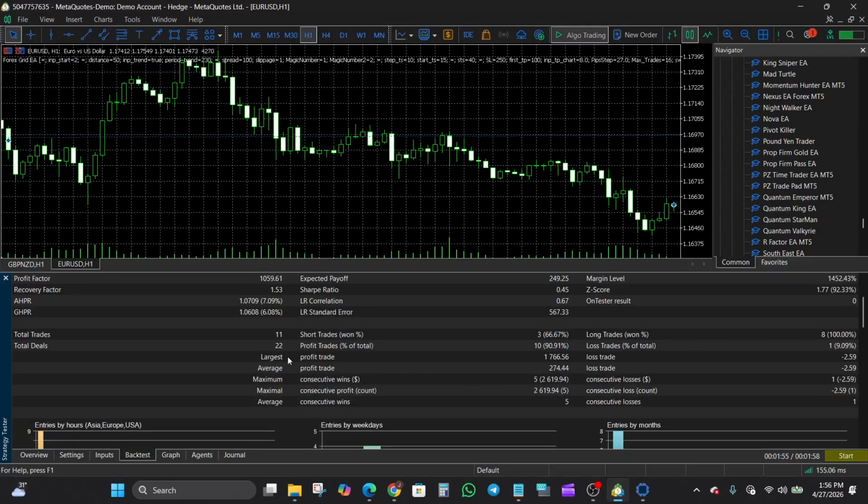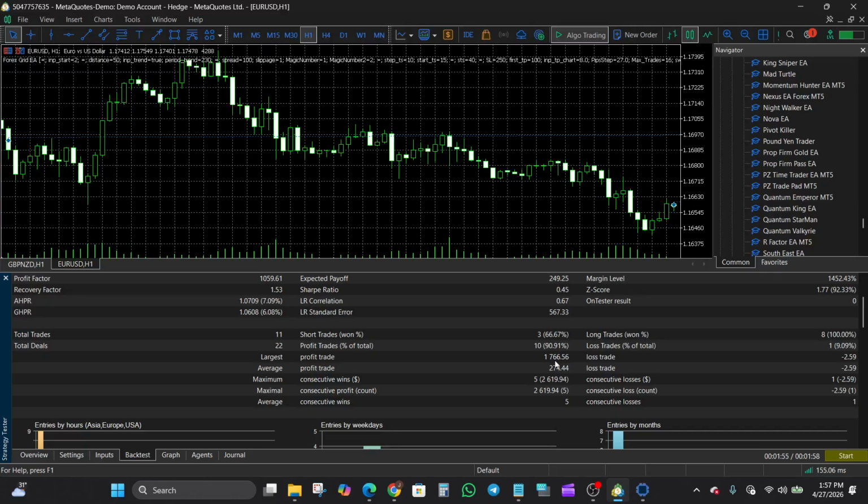We had the largest profitable trade at $1,766.56 and the largest losing trade at $2.59. So this tells me that the EA, because of the grid and martingale system, likely closes trades in basket form.